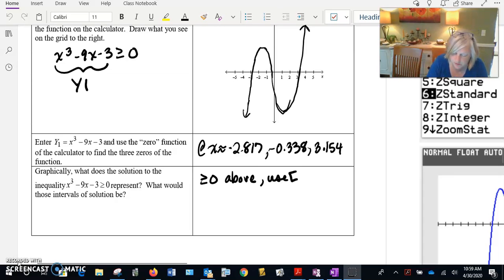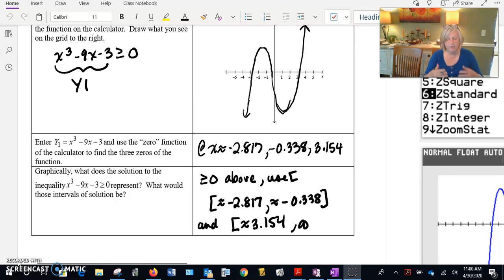So our above starts at approximately, I like to put that in, negative 2.817 to approximately negative 0.338. And my other interval would be bracket approximately 3.154 to infinity. And then that would represent the solution for that inequality using the calculator.